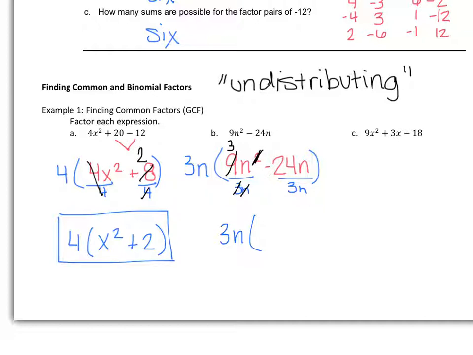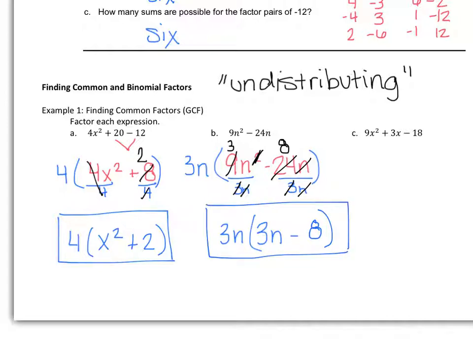So we're left with 3n minus, 24 divided by 3 is 8, and the n's cancel, so we get just a minus 8. So that would be our answer, 3n times 3n minus 8.